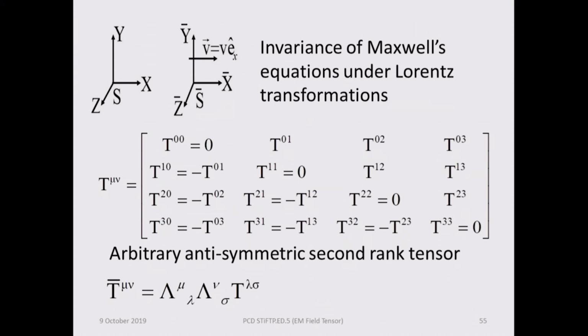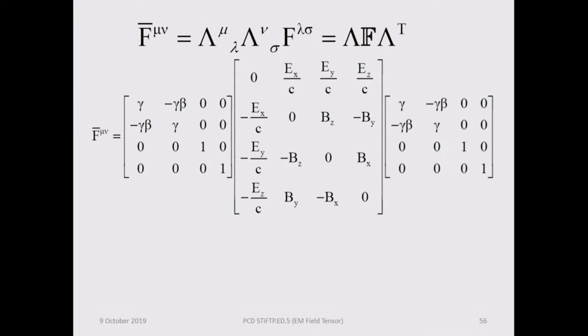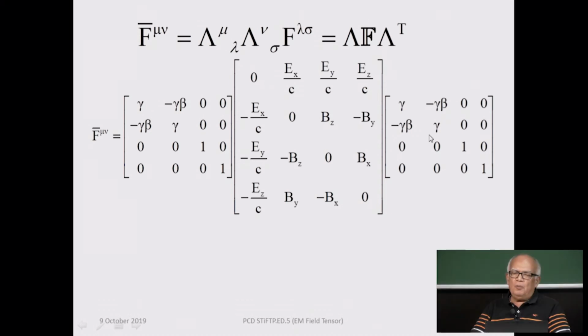So, you must transform it twice, and you can get it by this transformation law: you take the electromagnetic field tensor in the previous frame, post multiply it by lambda transpose and pre multiply by the matrix lambda.